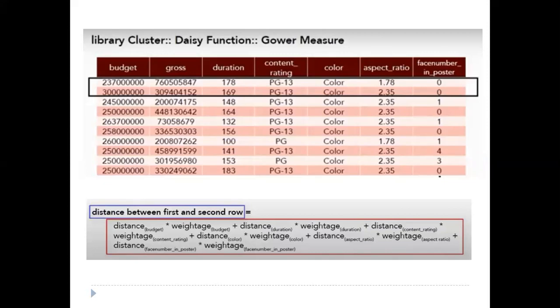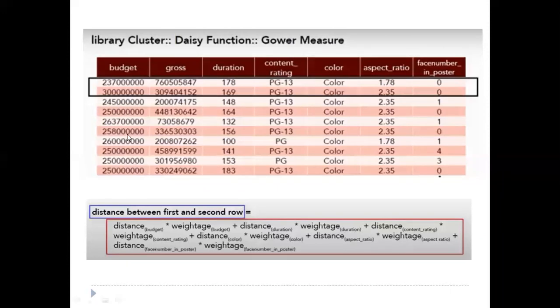After calculating Gower's measure, you can use that output in hierarchical clustering, but you can't do that for k-means. So if you go with Gower's measure, you should always go with algorithms apart from k-means.